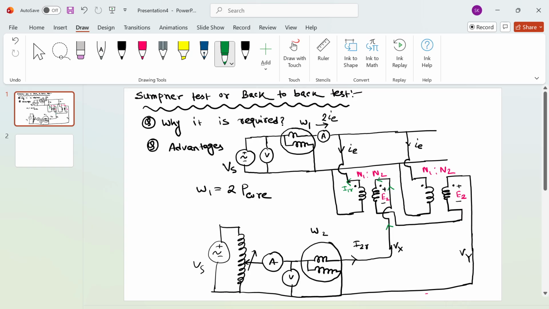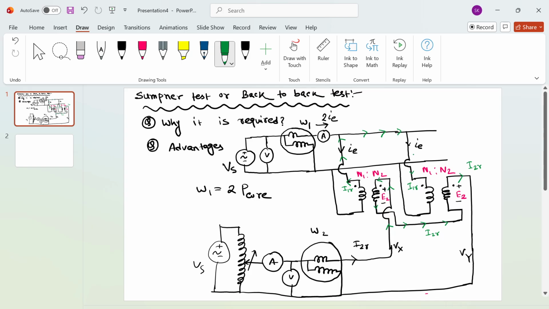Okay. Now come here. In the other transformer, I2R is flowing, so it is leaving the dot. So it should enter on the primary side, and I'm calling it I1R. Okay. So you can see this I1R is flowing here, here, and here.